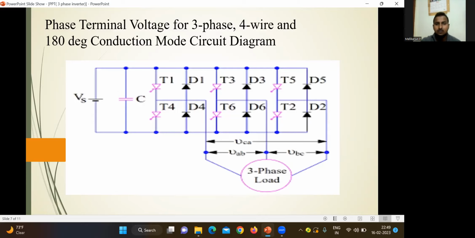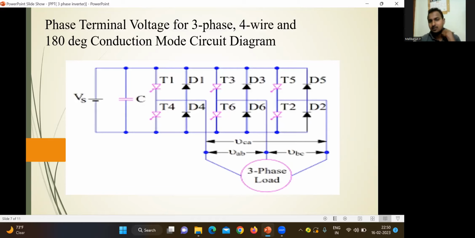And here we are also using six diodes, D1, D3, D5, D4, D6, D2, connected anti-parallel to every thyristor. These are also for the feedback path only. Whenever the thyristors are not conducting, we can use these diodes, D1 to D6.